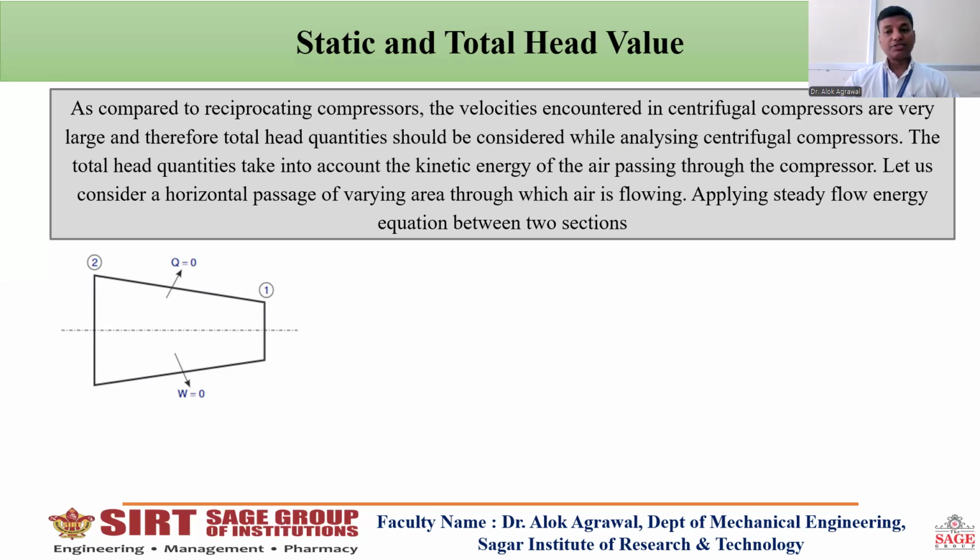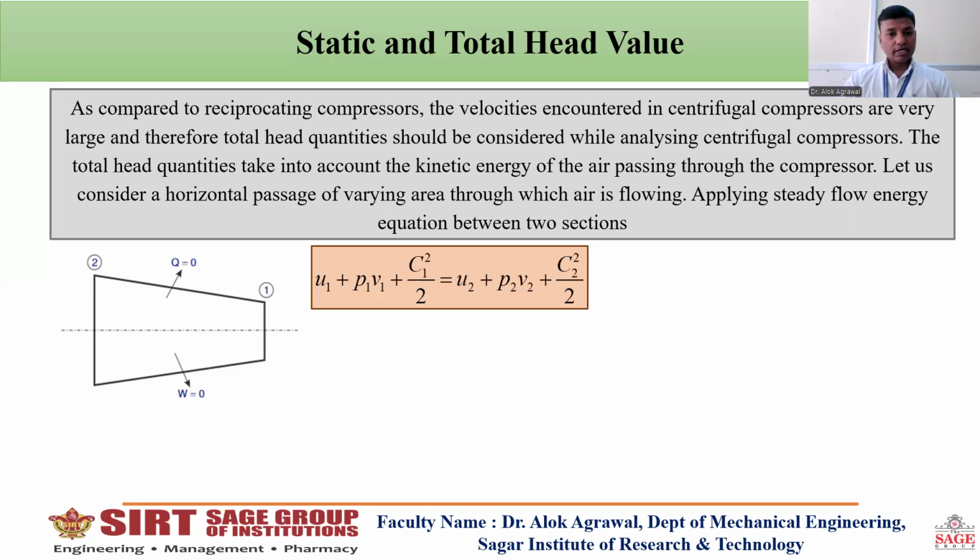When we apply the steady flow energy equation between section 1 and section 2, we get the internal energy at section 1 plus flow work at section 1 plus kinetic energy at section 1, equal to the internal energy at section 2, the flow work at section 2, and the kinetic energy at section 2.